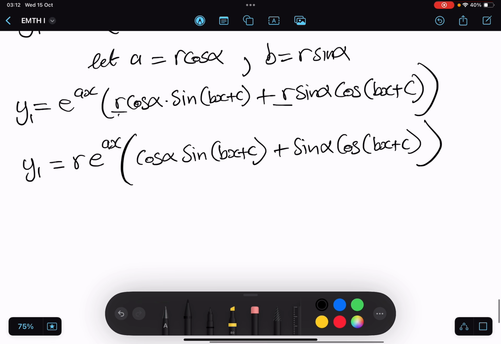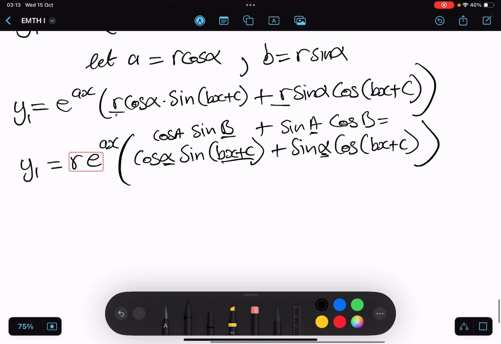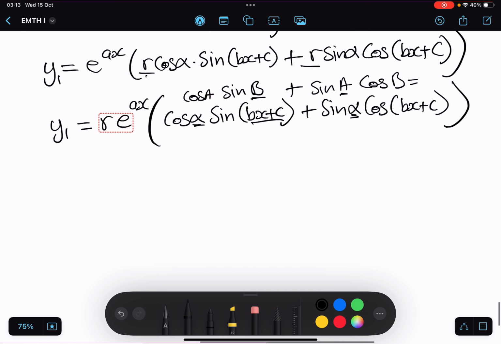So this is similar to cos A sin B plus sin A cos B, right? Which means our A is alpha, our B is this one, so we can combine these to sin(A + B).